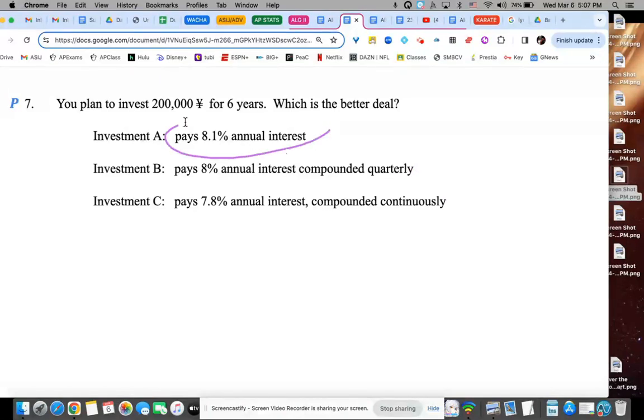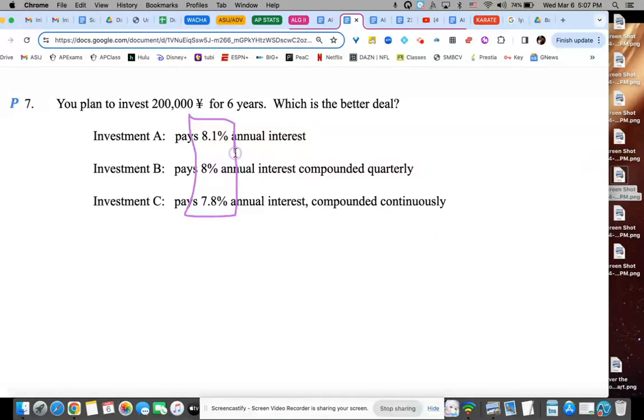All right, so this one is 8.1% and it's compounded just once a year. This one's less percentage, but it's compounded more, compounded quarterly, right? And then this one is 7.8% and compounded continuously. And that's maybe the extra piece that we didn't notice right away.